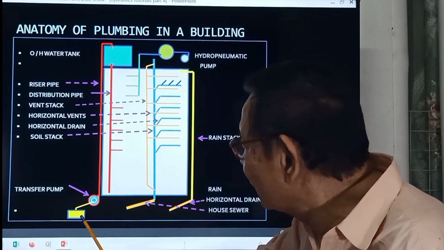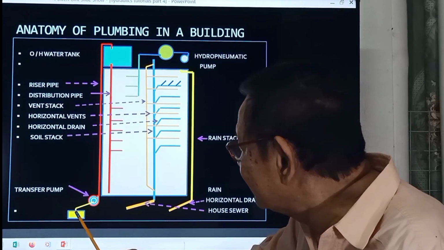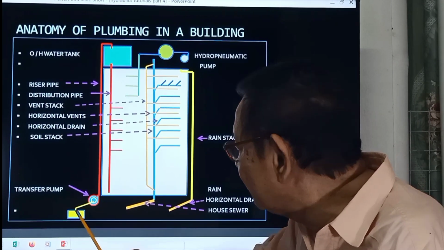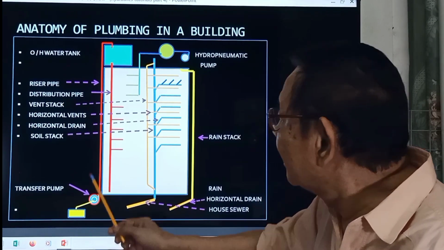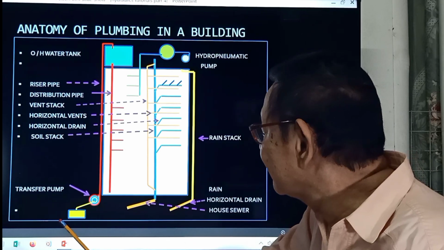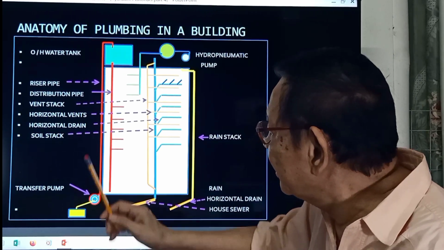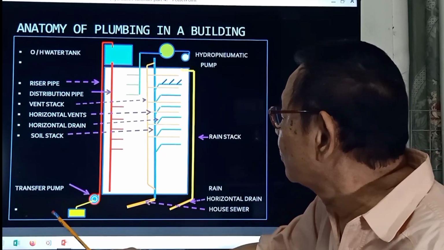Sinasize natin kung magkano yung gallons na kapasidad niyan or in cubic meter na kapasidad niyan of the cistern and how many cubic meter ang kapasidad ng storage tank. So, there is always a ratio between the cistern and the storage tank.